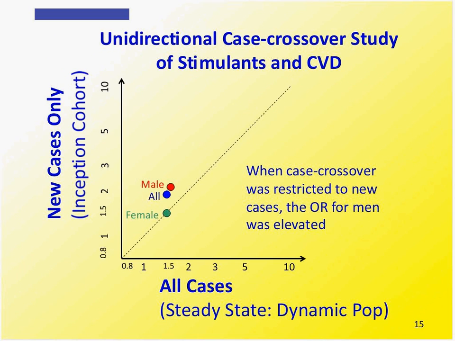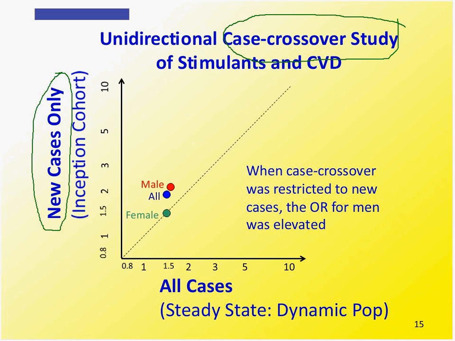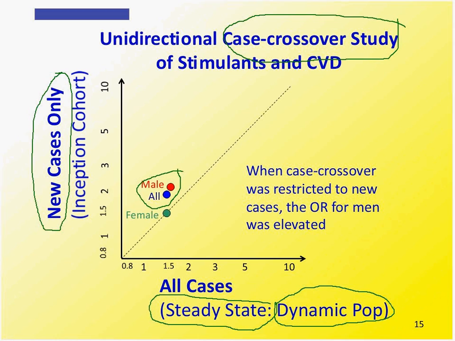This is the data that we were looking at here in Canada, and we did a cases-only analysis of our case crossover study, and we found elevated risks or odds ratios in that analysis, and I think that's a sign of the phenomenon that I just showed you, that we need to focus on the steady state in a dynamic population for the case crossover analysis.